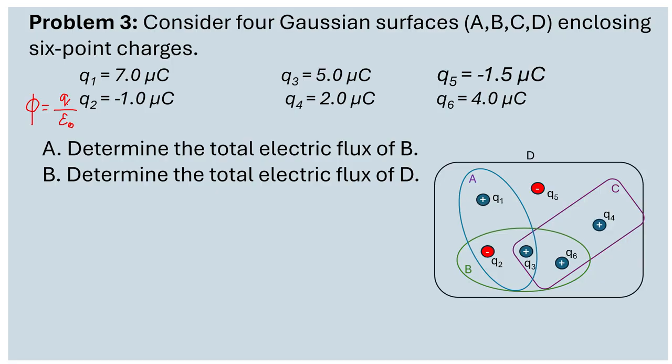Okay, so let's say, for example, letter A. Letter A says, determine the total electric flux of B. So it means we'll be using the Gauss law because it's a container with charges inside, and the container B is this one, the green one.